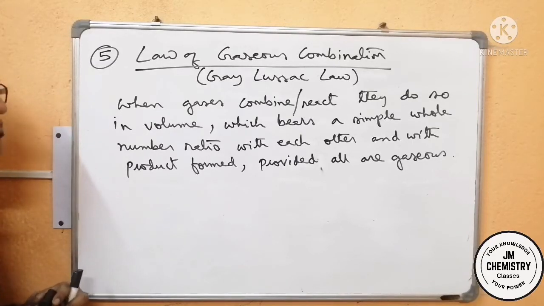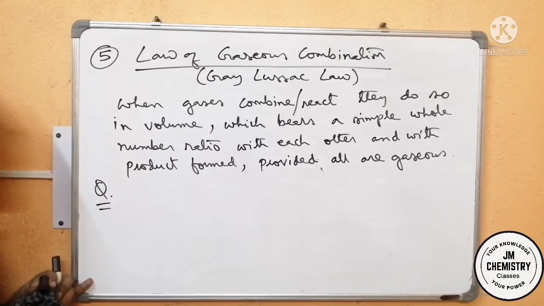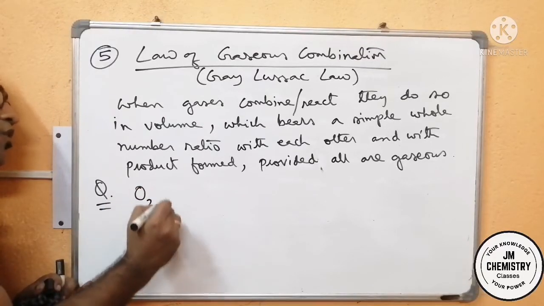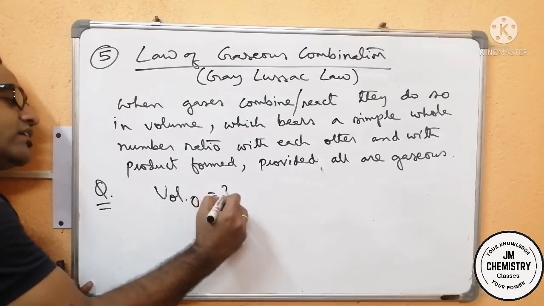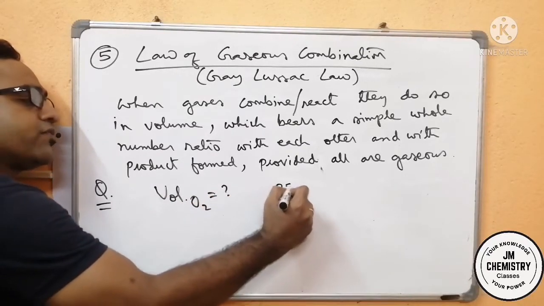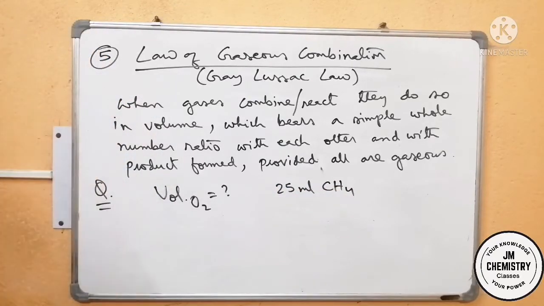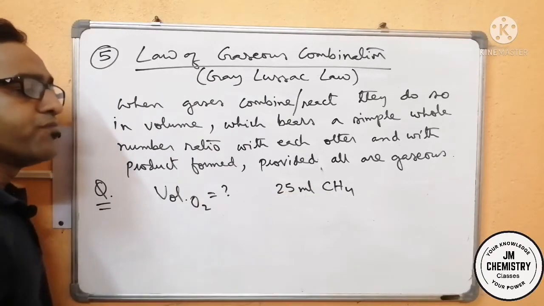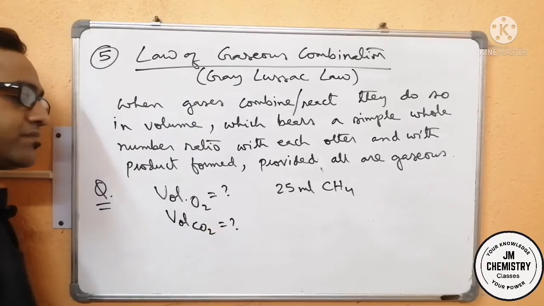For example, we are all familiar with the combustion reaction of methane. Suppose you are asked to find out the volume of oxygen required to burn 25 ml of methane, and also calculate the volume of carbon dioxide formed.